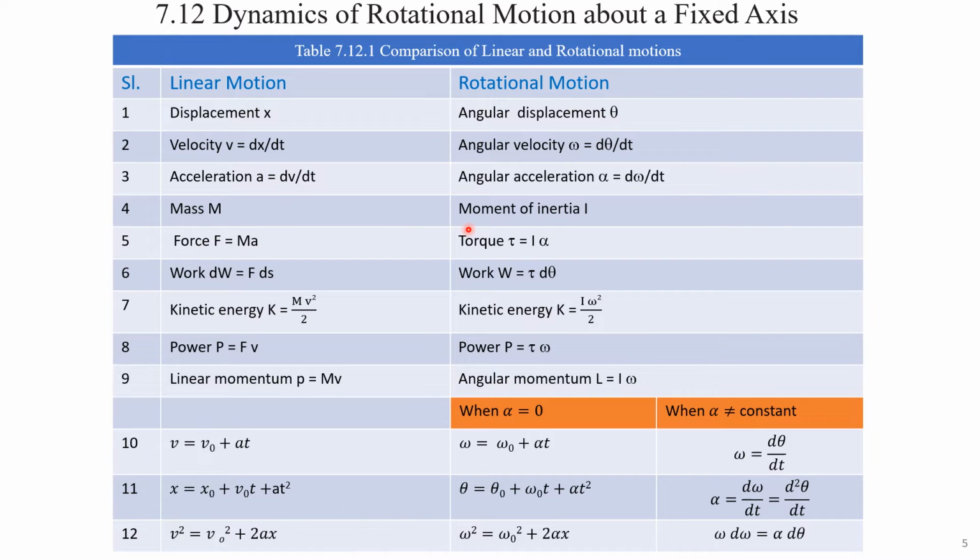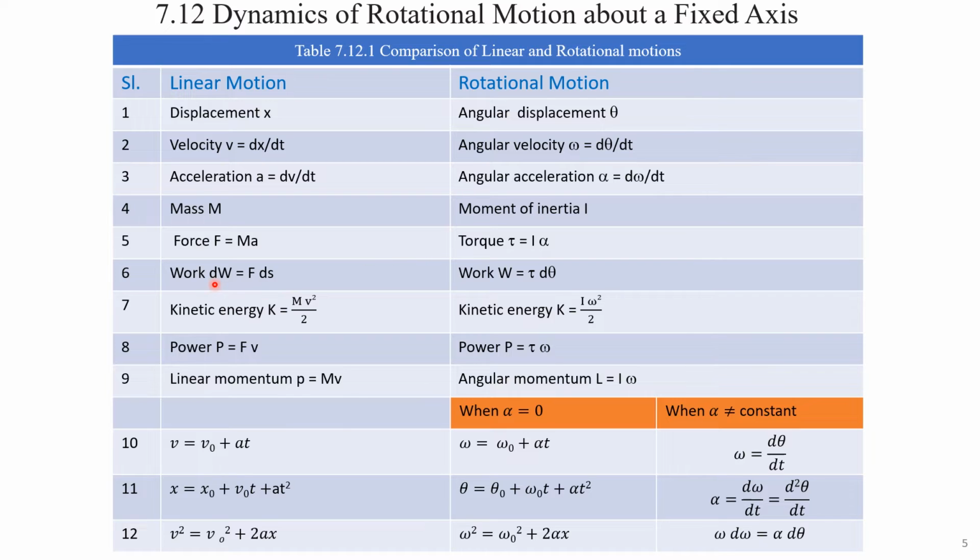The moment of inertia is the analog of mass, which is used in linear motion. So, moment of inertia is used in rotational motion. Force is represented by ma, and correspondingly the analog of force is torque. Tau is equal to I into alpha, where I is the moment of inertia.